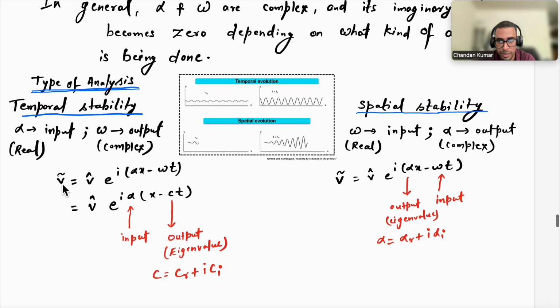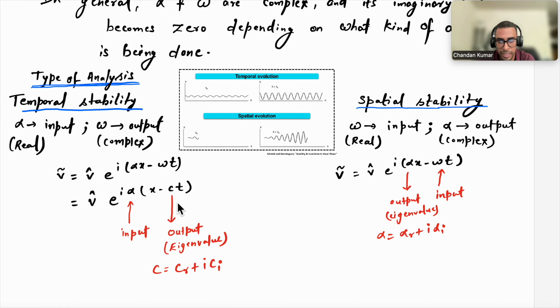Considering the V perturbation, we write it this way, where we have V hat as amplitude, and in the waveform we have alpha x and omega t, which can be further expressed in this form, where alpha x is over here and this is c multiplied with t. In this temporal study, we specify the input as alpha, and we get c, the phase speed, as an output, and this is our eigenvalue for the temporal stability.